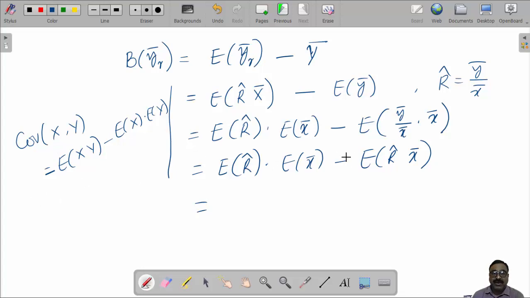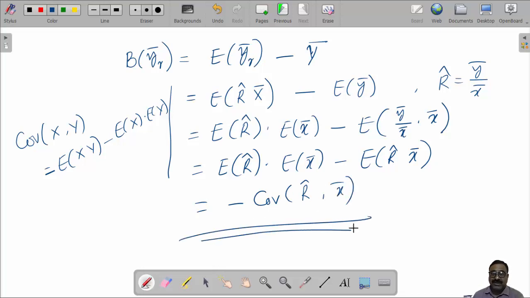So here we take the expectation of R cap x bar minus the expectation of R cap into the expectation of x bar. This is equal to the covariance of R cap and x bar. So this is the bias of the ratio estimator.